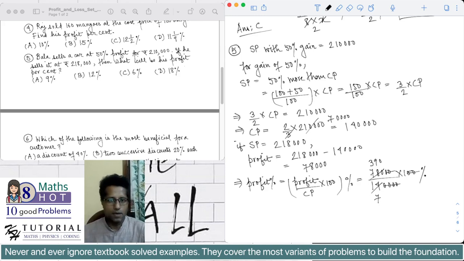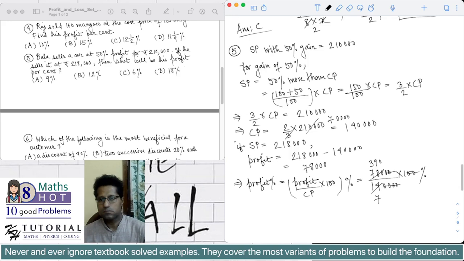I think I have done some calculation mistake. Let me check. The selling price was 2,10,000 with a profit of 50%. So selling price is 50% more than CP, meaning (100 plus 50) divided by 100 multiplied by CP, which is 150 by 100 multiplied by CP, which is 3 by 2 multiplied by CP.